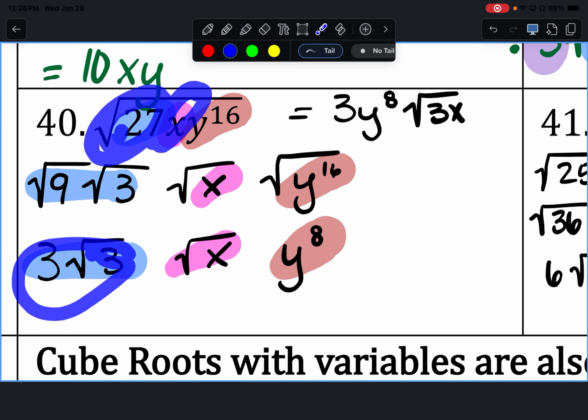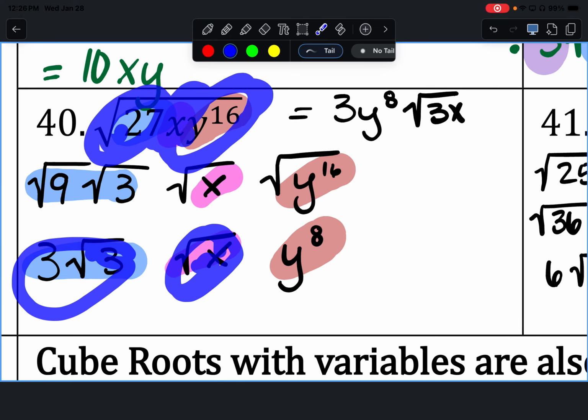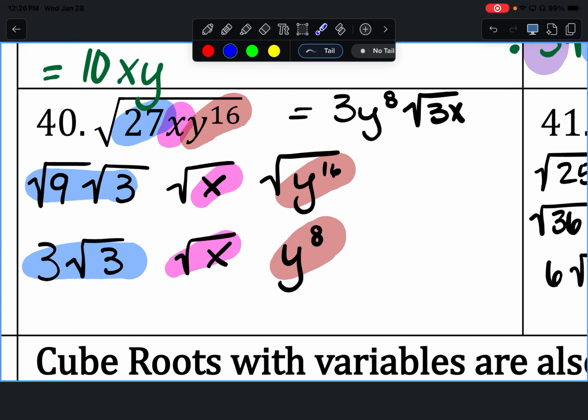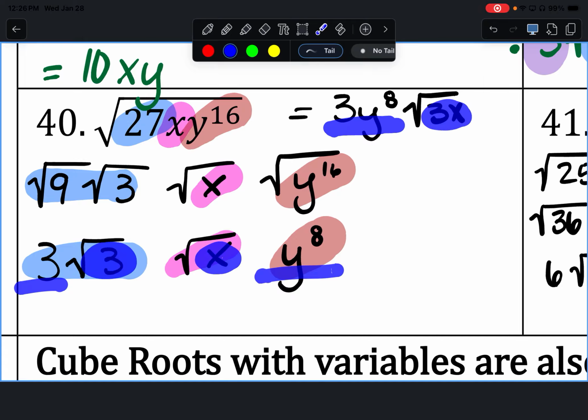Can we break apart the square root of x? No, so it stays under the radical. Then we break apart the square root of 6y to the 16th power, which gives us y to the 8th. So outside of our radical, we have 3 and y to the 8th. Then inside of our radical, we have the 3 and the x.